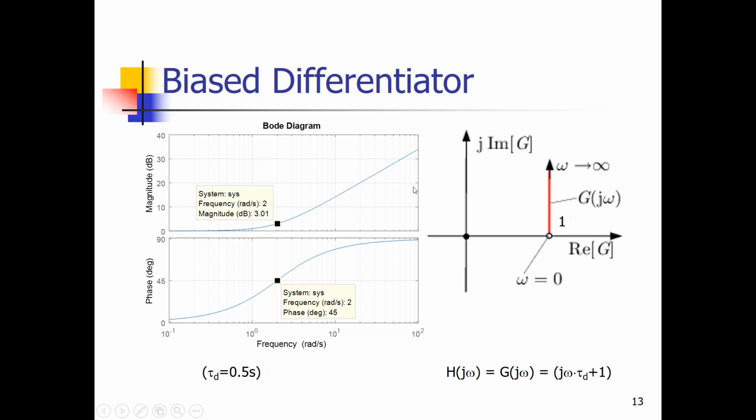So the Bode amplitude plot and the phase plot are more or less the inverse of the Bode plot for a bias integrator, but the Nyquist plot is not the inverse of the Nyquist plot of a bias integrator.